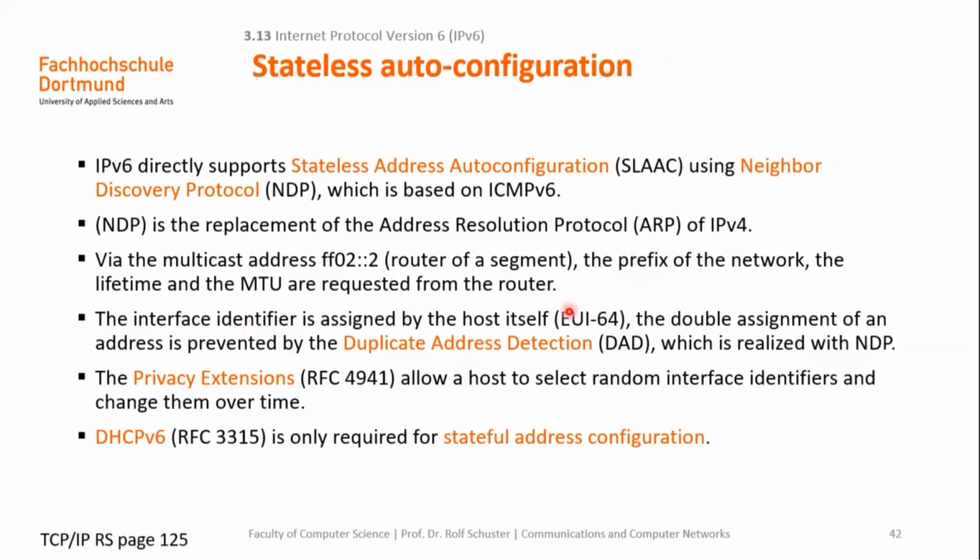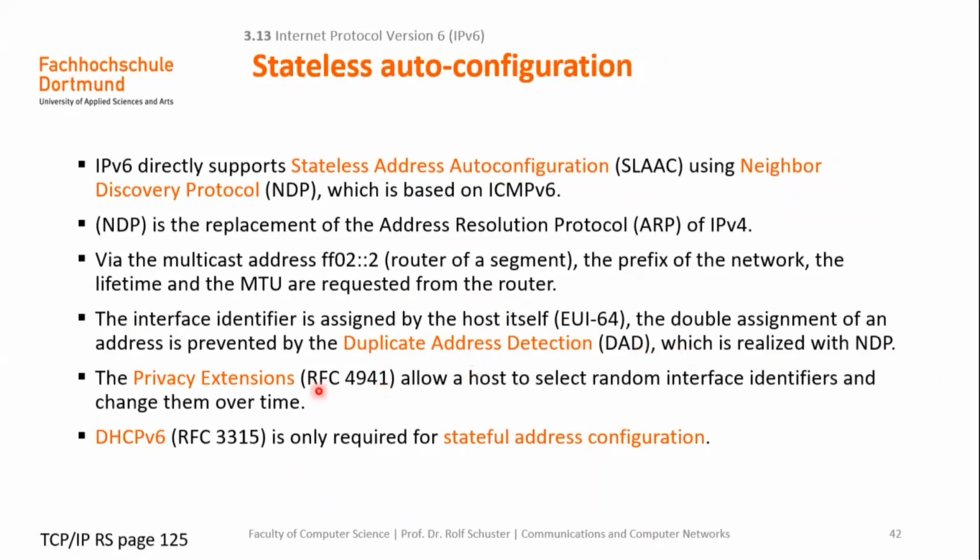When the host uses this mechanism to establish the interface ID, the double assignment of an address is prevented using a mechanism called duplicate address detection, which is realized with NDP, Neighbor Discovery Protocol, using a mechanism very similar to the address resolution mechanism of NDP.